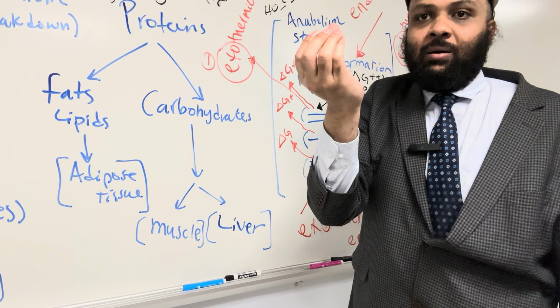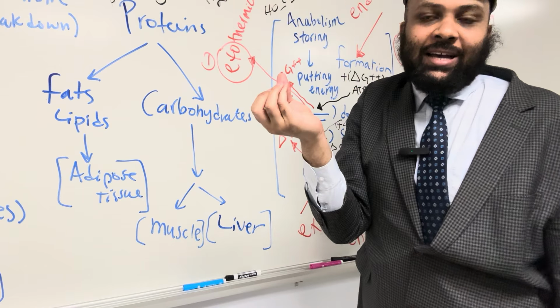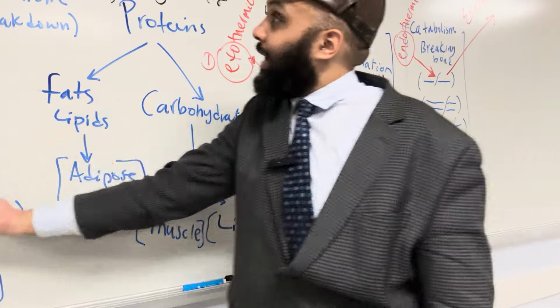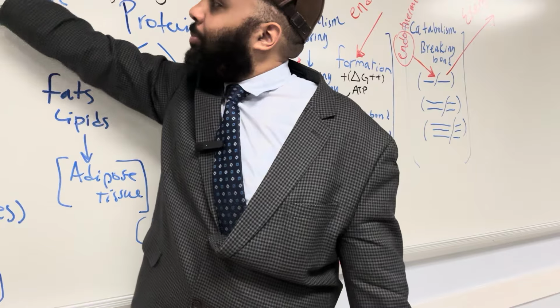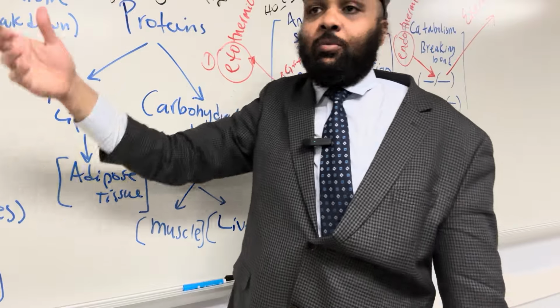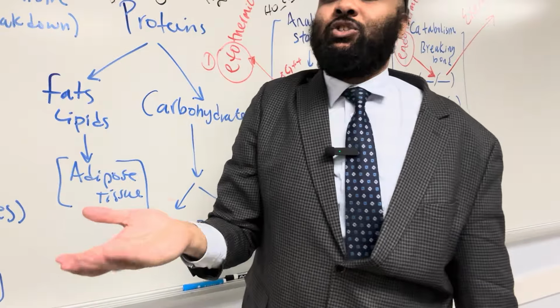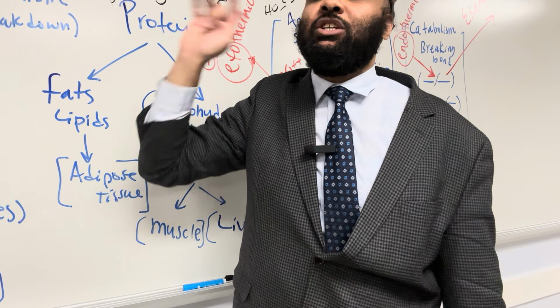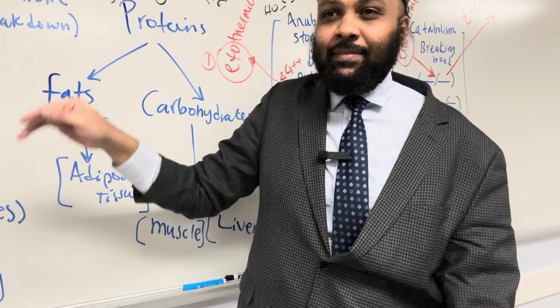If you make a big protein of multiple amino acids, you're making bonds or you're breaking bonds? You're making bonds. So when you're making bonds, you're making energy or you're losing energy? Yeah, you're making energy. You're storing energy. Energy is going in. You're saving energy.